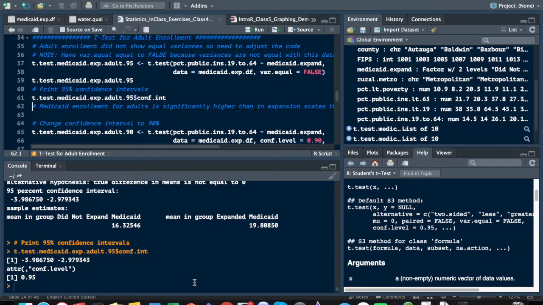Another thing about confidence intervals: in this case, we're showing that the mean in expanded Medicaid is significantly greater than when it did not expand Medicaid. So it's going to subtract this from this. That's why we're seeing negative values. This is looking at the difference, as we remember.